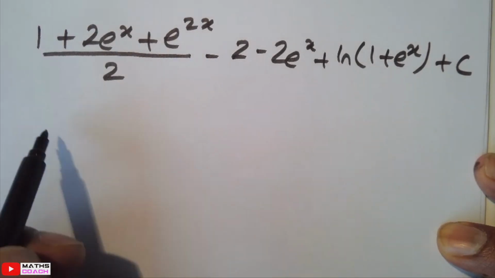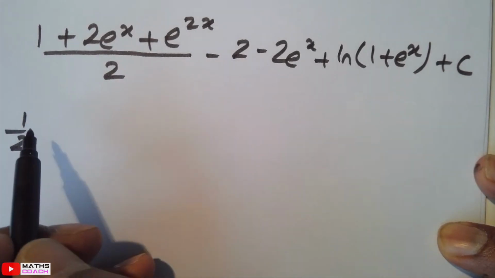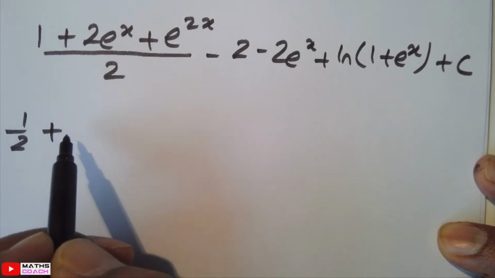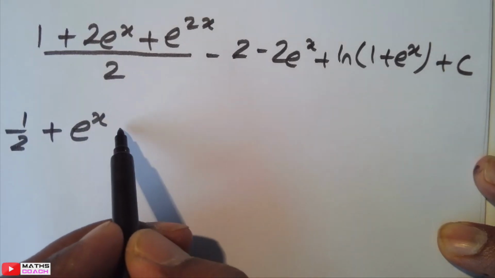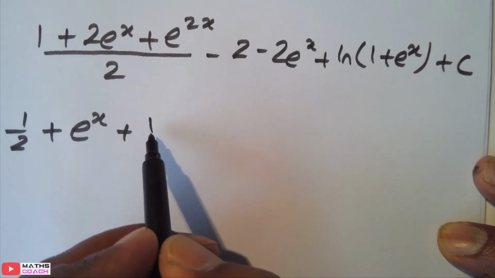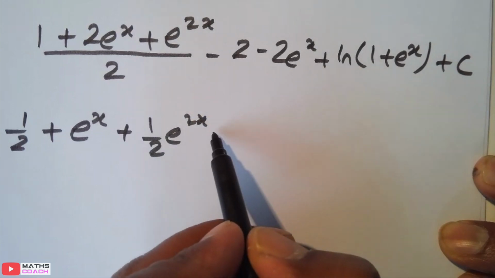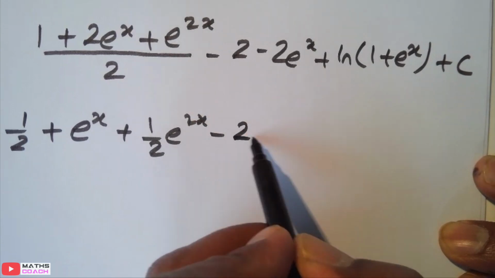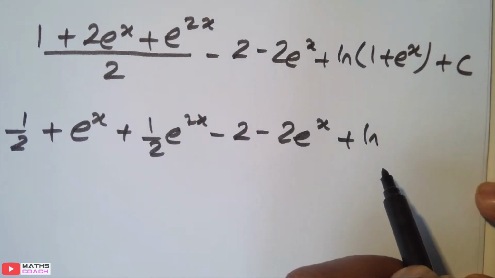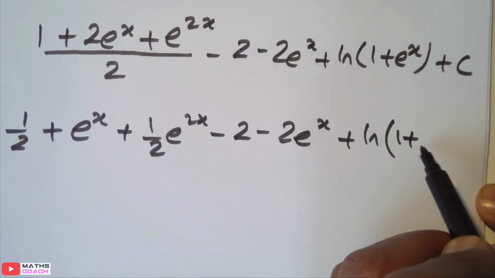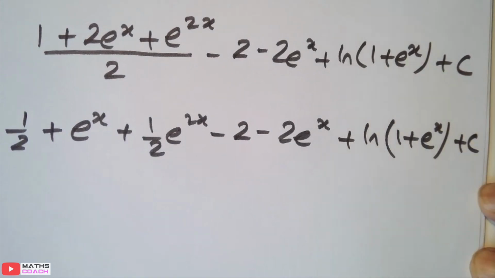So we're going to have a half, plus e to the x, plus half e to the 2x, minus 2, minus 2e to the x, plus ln of 1 plus e to the x, plus c.